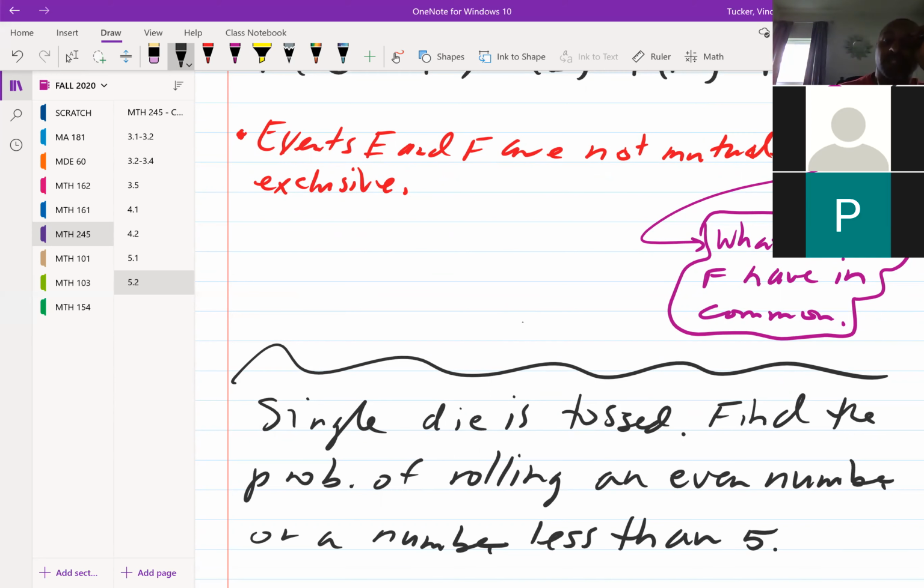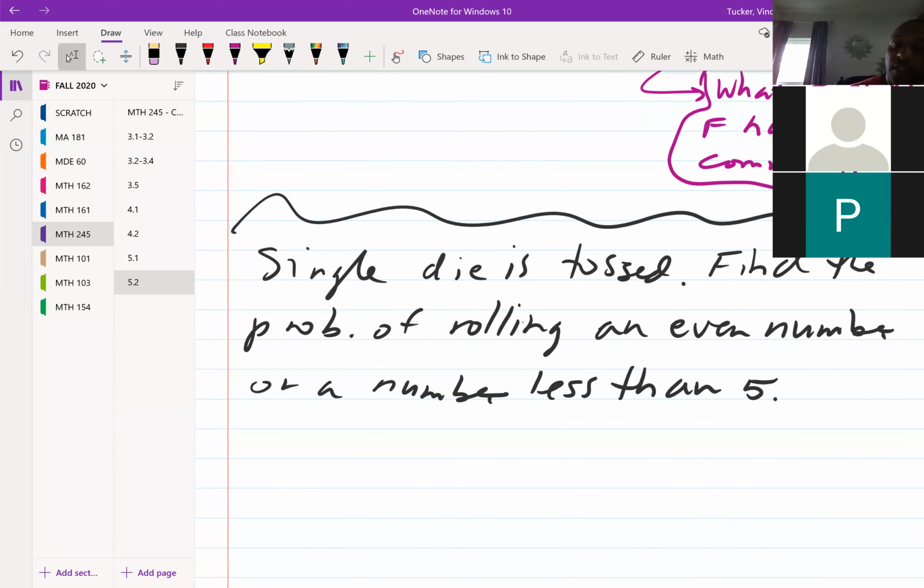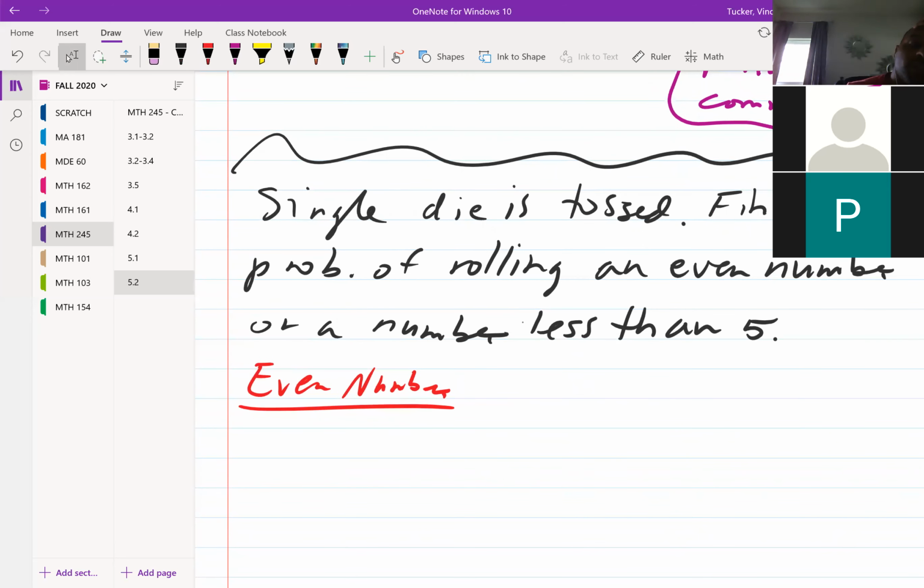All right, so a single die toss, find the probability of rolling an even number or a number less than 5. All right, so let's do this first. Sample space, even though we already know it from the last problem. You should always make a habit of establishing your sample space first.